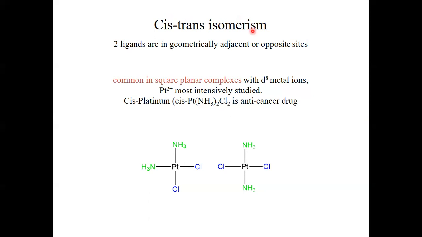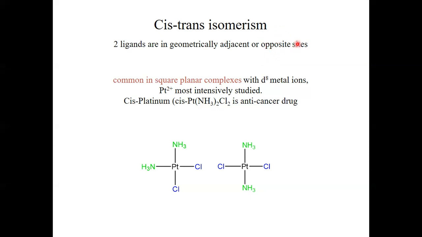This occurs in organic chemistry, but it also occurs in coordination chemistry. Generally, we have a cis isomer when there are two ligands in geometrically adjacent sites, and we have a trans isomer when we have two ligands on opposite sites.